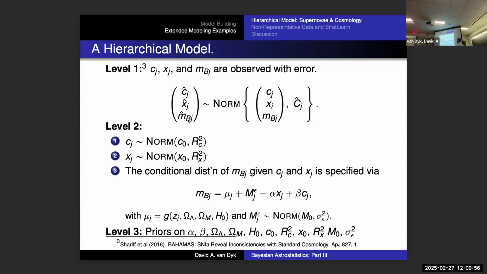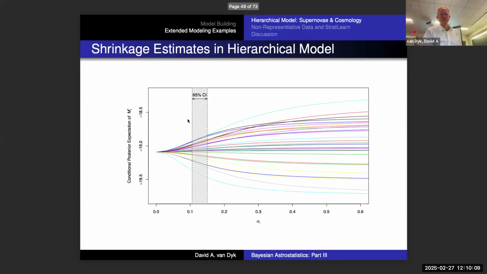I put a hierarchical model on both the color and the stretch, and for the magnitudes, I have this kind of nonlinear regression. But it's a hierarchical model, and so we end up seeing some of the same features. The only reason really to show this is because this is actually the science.